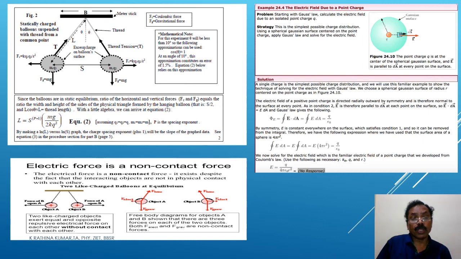Therefore, if we take this equation and work it algebraically, we can arrive at the equation mentioned here, with mg, k, and q squared. With this equation, we can find the value of the required quantity.